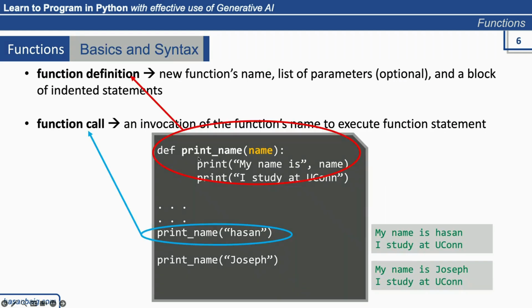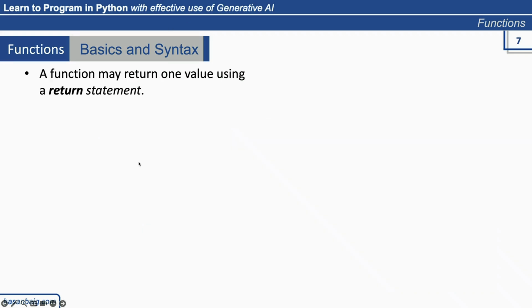In this particular example, it will execute this statement without carrying any value back to the place where the function is called from. So it may return or may not return, but according to Python, it returns something every time. Even if it is not returning anything, it returns nothing. We call it None.